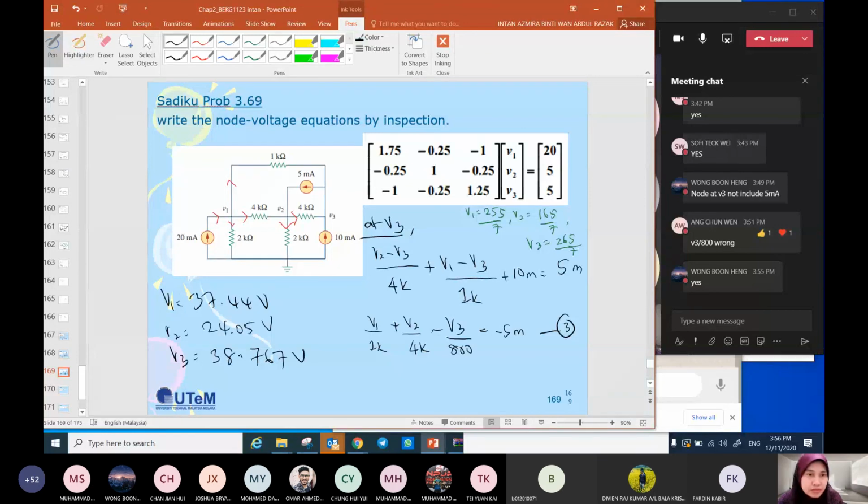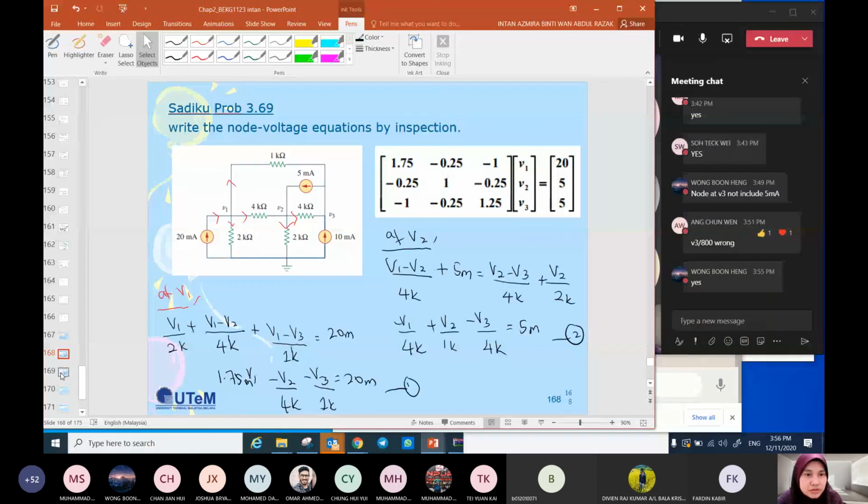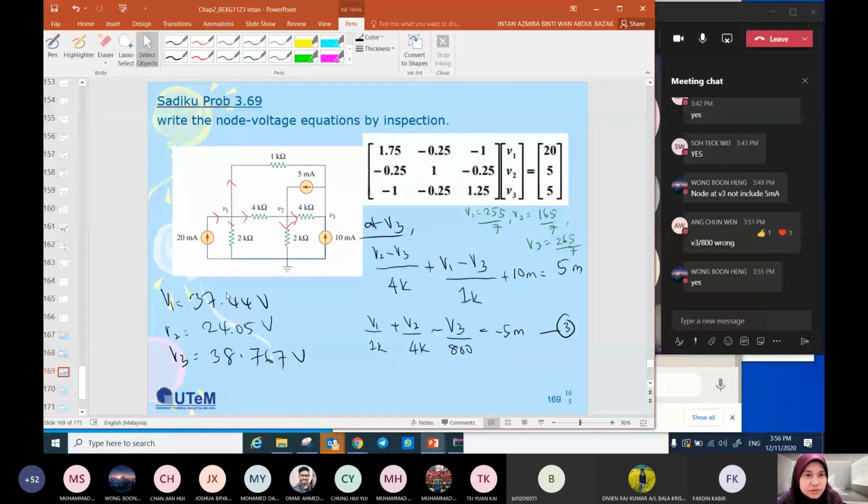I think my equation is correct, same as this, okay? But actually I should get the same answer, exactly the same, because only 2 decimal points here.